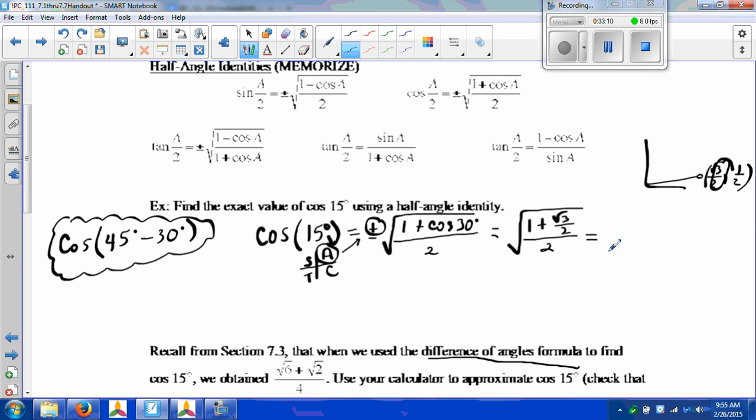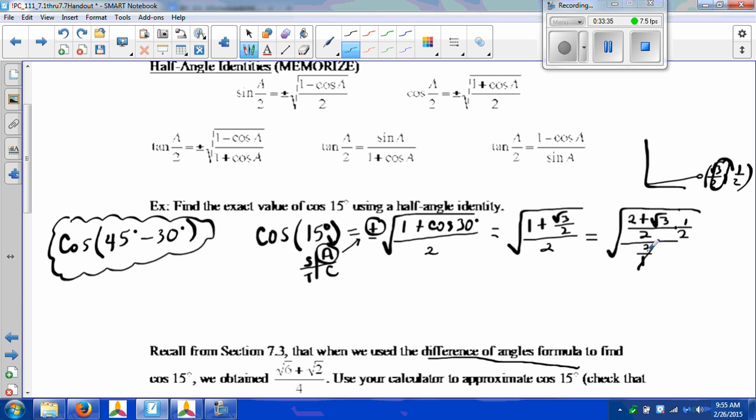So that gives me the square root of, okay, now I am going to get a common denominator, so that's 2 plus root 3 over 2, over 2 over 1. And then that flips and multiplies, so that's times 1/2.